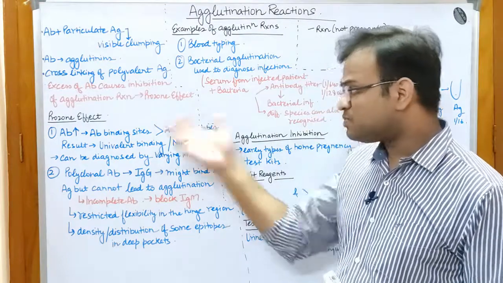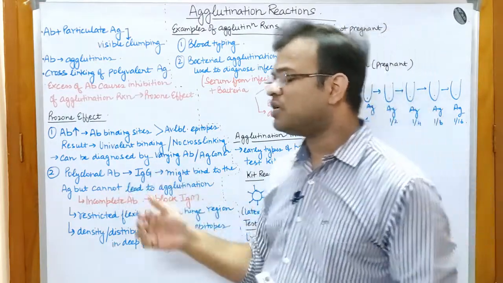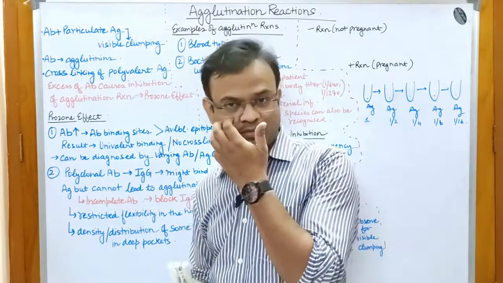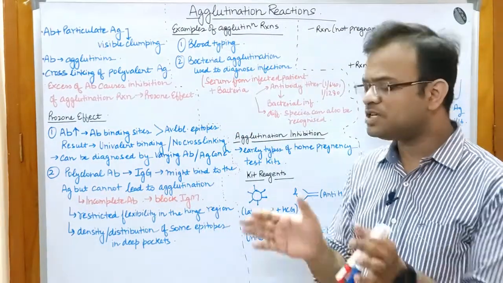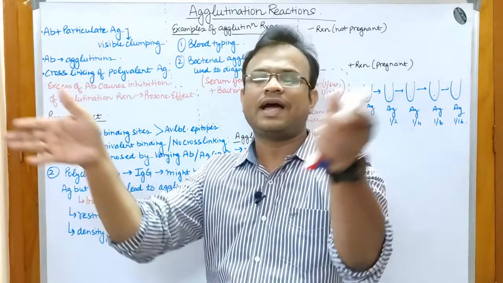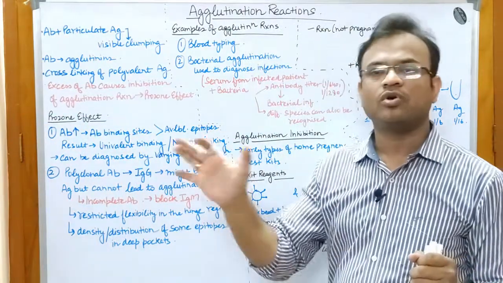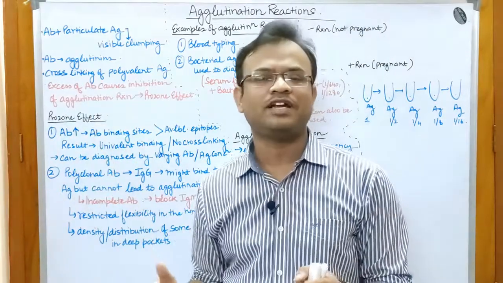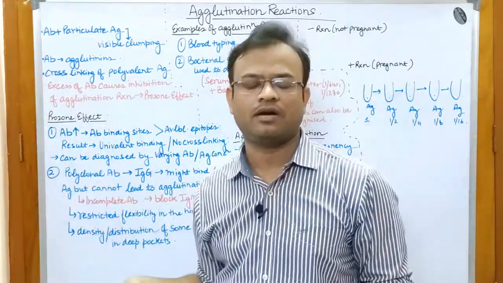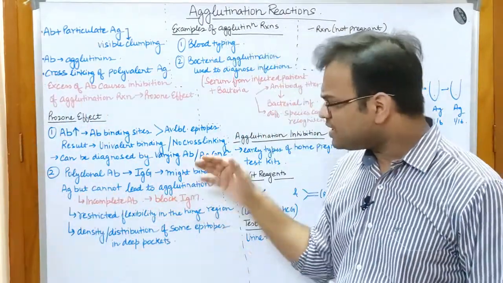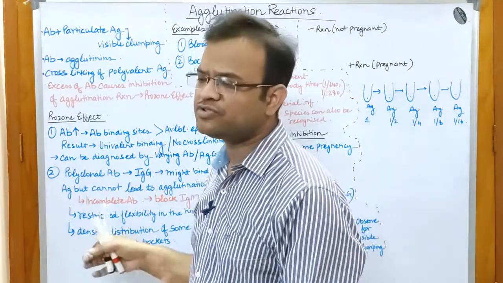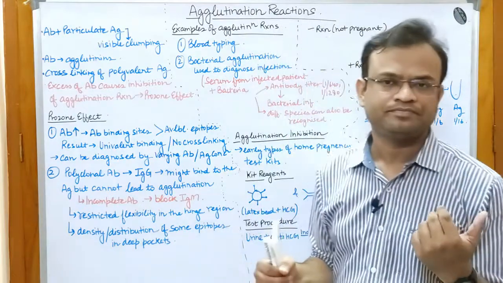Now, this Prozone effect can also occur because of polyclonal antibody. Monoclonal means binding to the same antigen epitope. But if I say polyclonal, there are different types of antibodies that are binding to different epitopes. So in case of polyclonal antibody, there can be IgG, there can be IgM, all sorts of antibodies.